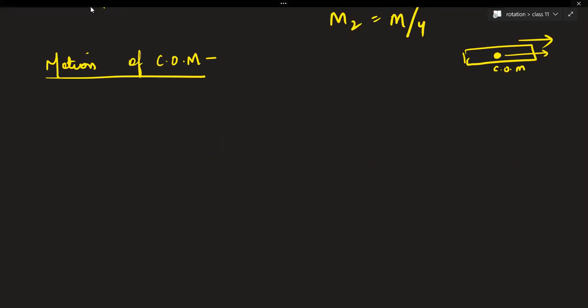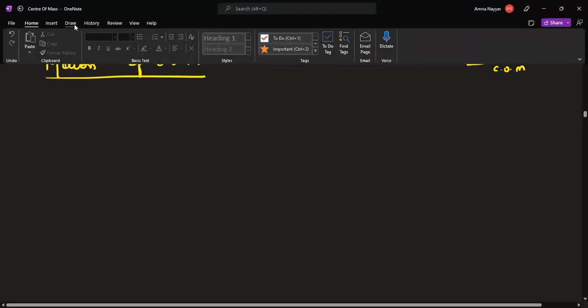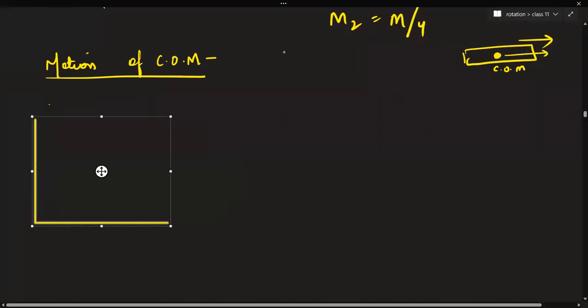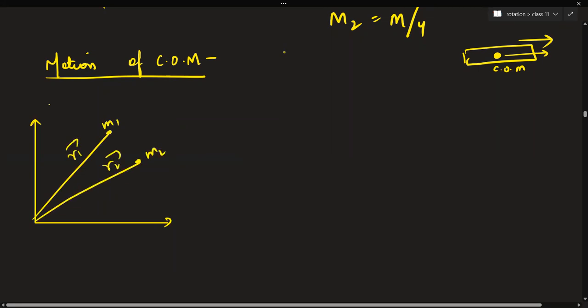So, for example, let me take the same example, same graph. Again, some point M1 separated by R1, another point M2 separated by R2, and so on up till Mn separated by Rn.